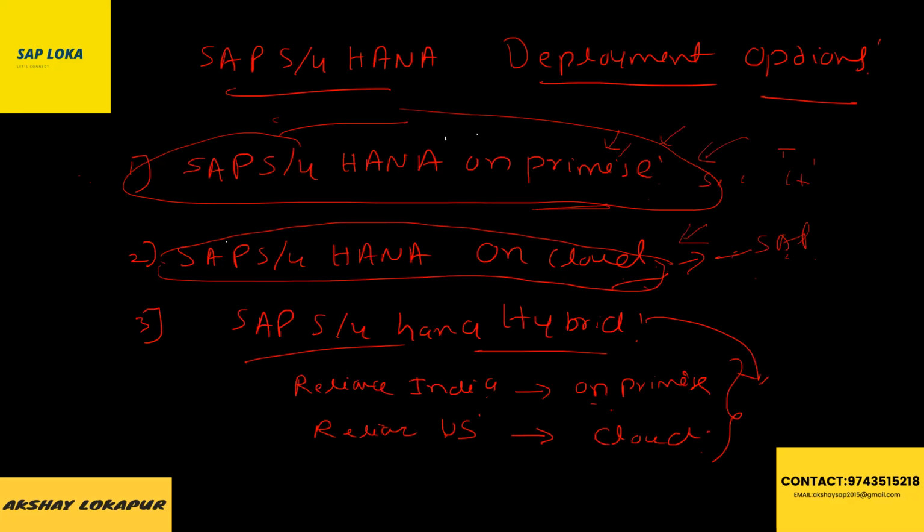In this case, they will do on-premise in India and use cloud in the US. In this situation, they will go for S4 HANA hybrid. It's a combination of these two.